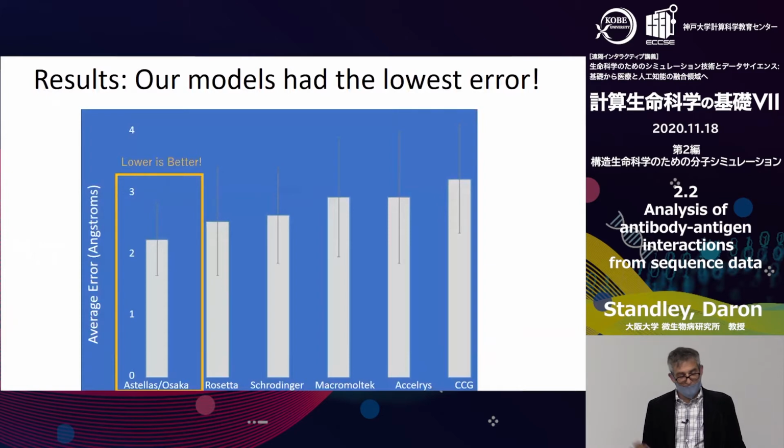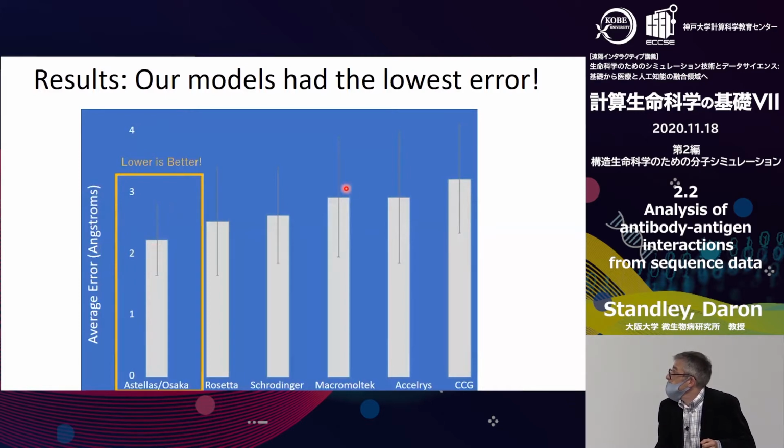And to get to the point, our predictions as a team were overall the best. This is showing the errors, so lower is better here. You can see this is the average error of the CDR3 loops, something like a little less than 2.5 angstroms.